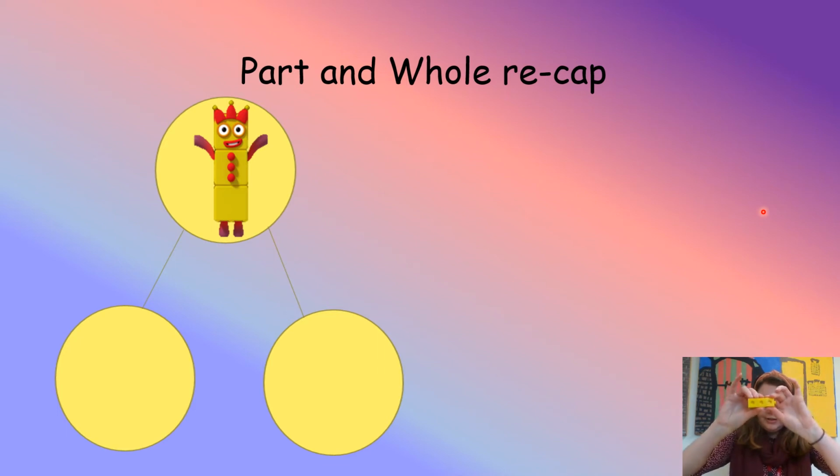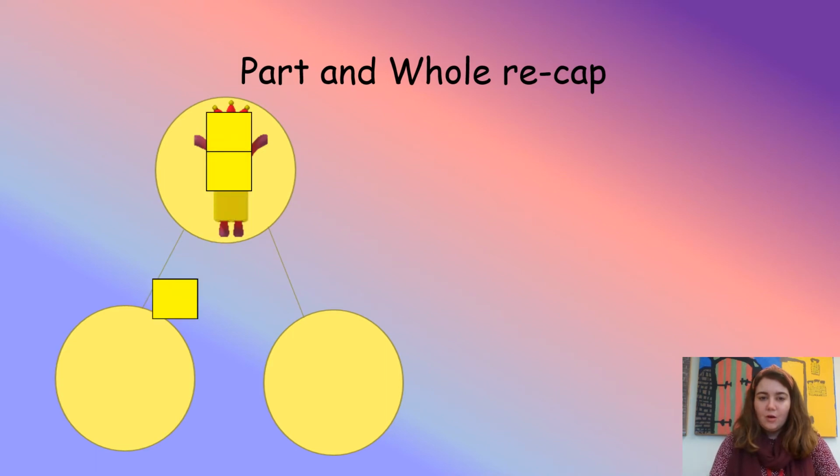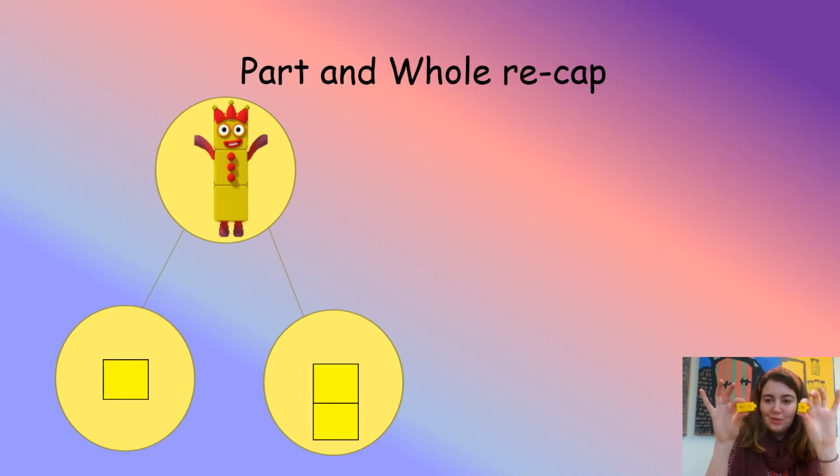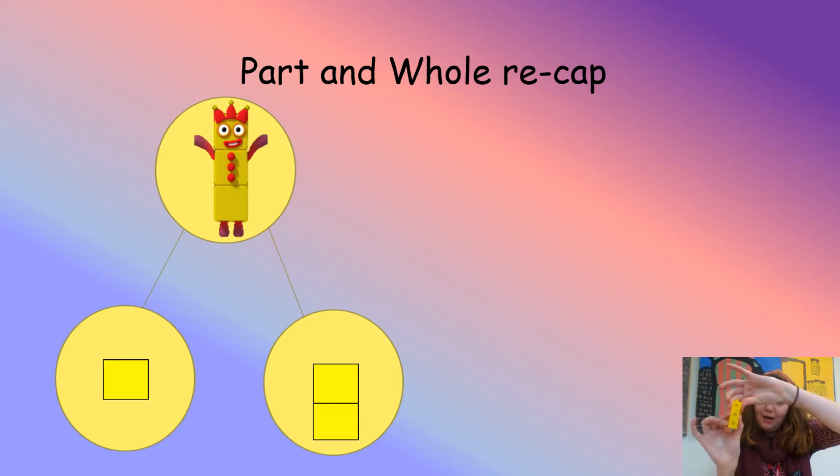So if I want to break three up, I can break three up into one and two. So if one's a part and two's a part, the whole is going to be three. So three can be broken into two parts, two and one, and the two parts, one and two, can make the whole three.